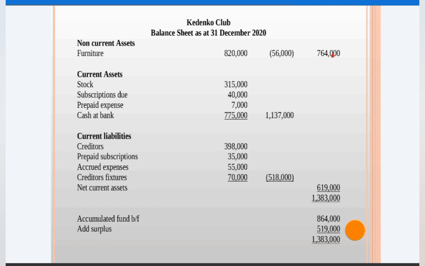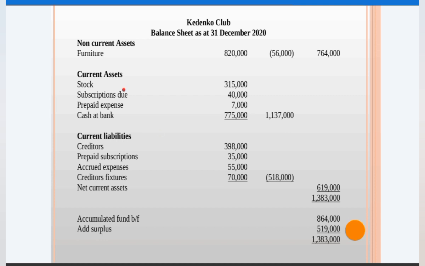When you total the net current assets plus the non-current assets, net assets of 1383,000. Then, of course, we had the accumulated fund being found at 864,000 and the surplus 519,000, which should give 1383,000.